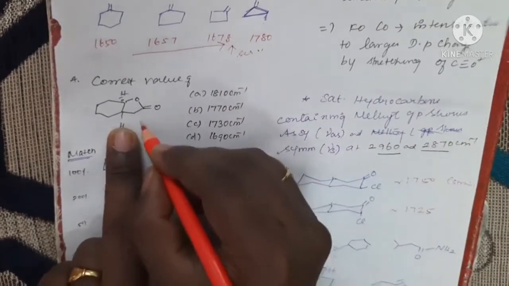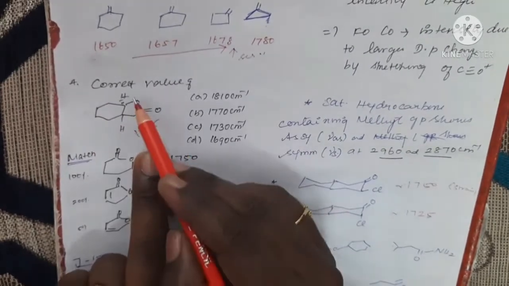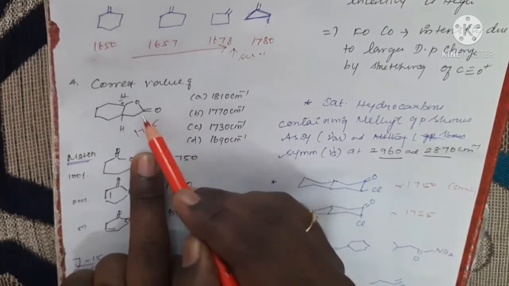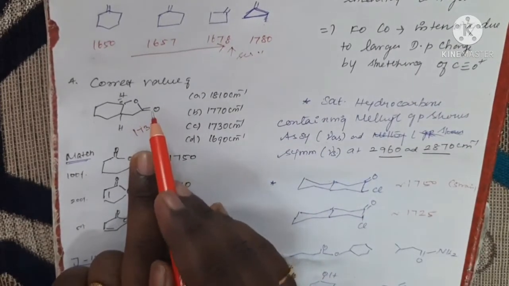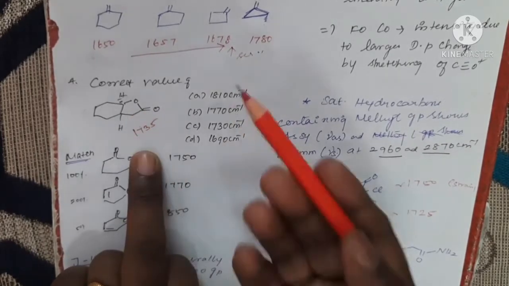So ester generally has its stretching frequency around 1735, but the ring size decreases. As ring size decreases, and also it is carbonyl. We will discuss carbonyl. For a carbonyl ring, a decrease in size increases the value.